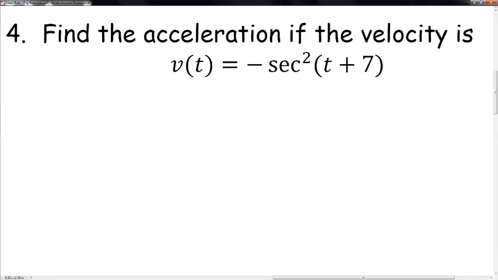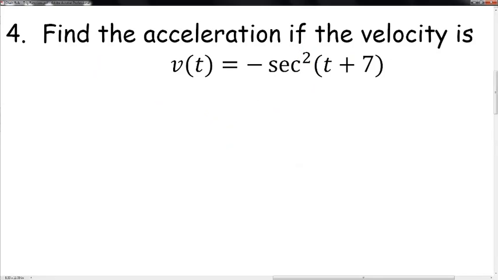Number 4, find the acceleration if the velocity v of t is equal to negative secant squared of t plus 7. So again, the derivative of velocity is acceleration. And so let's rewrite this, because this little 2 right there is going to screw you guys up.